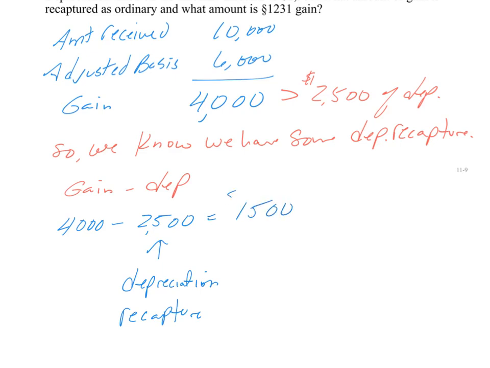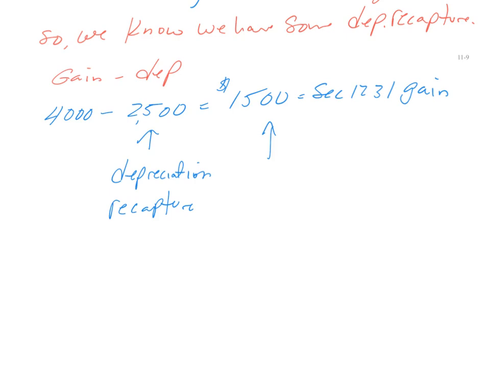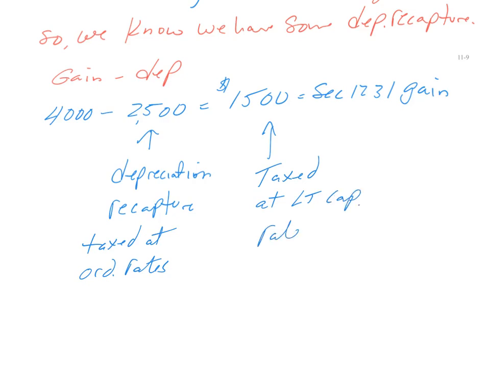The leftover equals Section 1231 gain. So this is taxed at ordinary rates, and this is taxed at long-term capital rates. Okay?